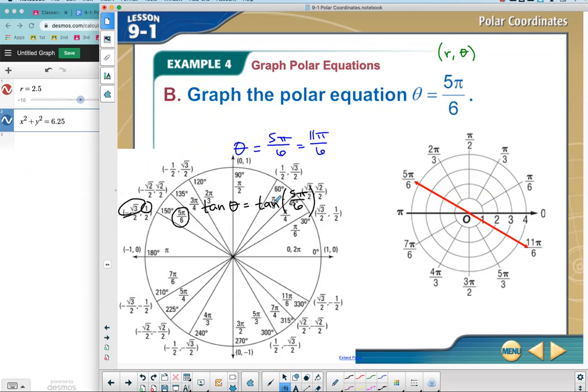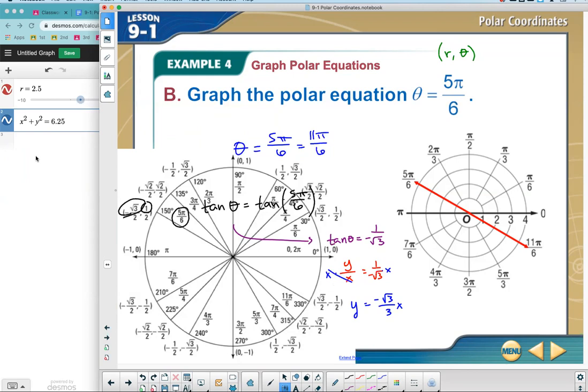So on this, if you can see my writing, tangent theta equals tangent 5 pi over 6. That would give us, and right over here, tangent 5 pi over 6 is 1 over square root 3. Negative square root 3, sorry. And tangent theta is the same thing as y over x. So y over x equals 1 over negative square root 3. If I multiply my x across, y equals, and I'm going to rationalize my denominator, negative square root of 3 over 3 x.